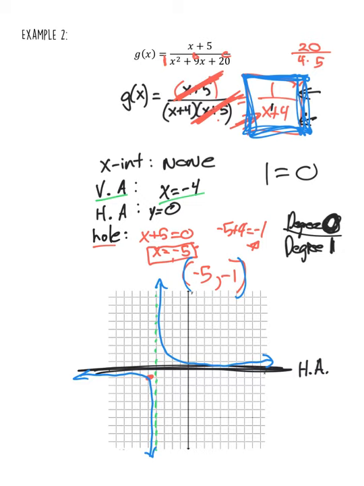If I was to put this x value into the original problem, what would I get? I would get 0 over 25 minus 45 plus 20, which gives me 20. So what's happening?